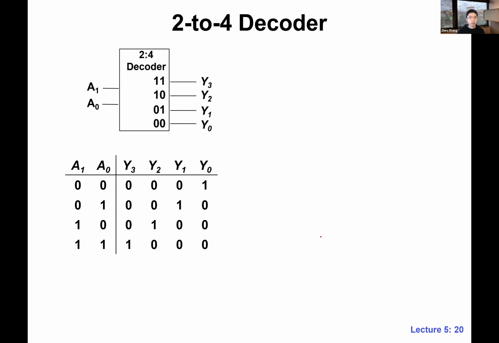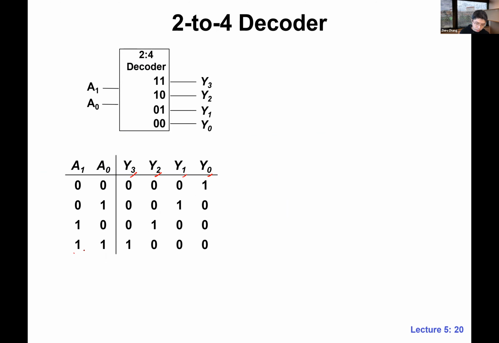Then we can generalize from this. With 2 inputs, we will have 4 outputs. Again, out of these 4 output lines, at most one of them will be a 1. We label each output using a decimal index, from Y0 to Y3.